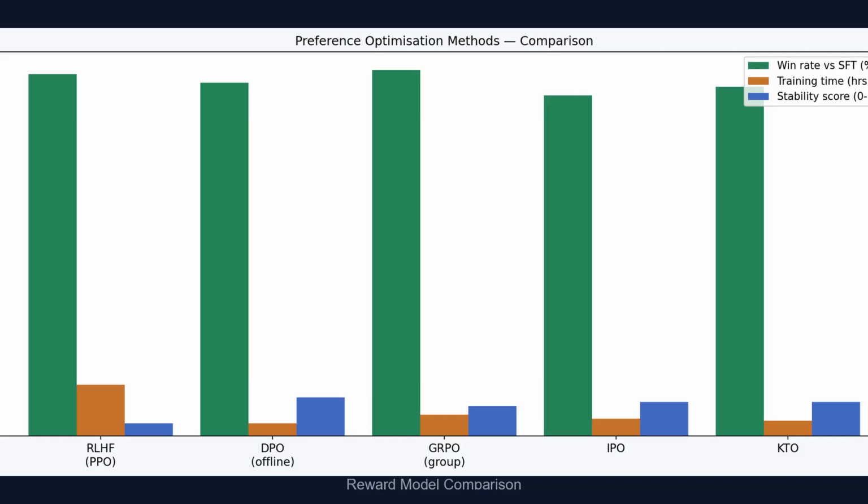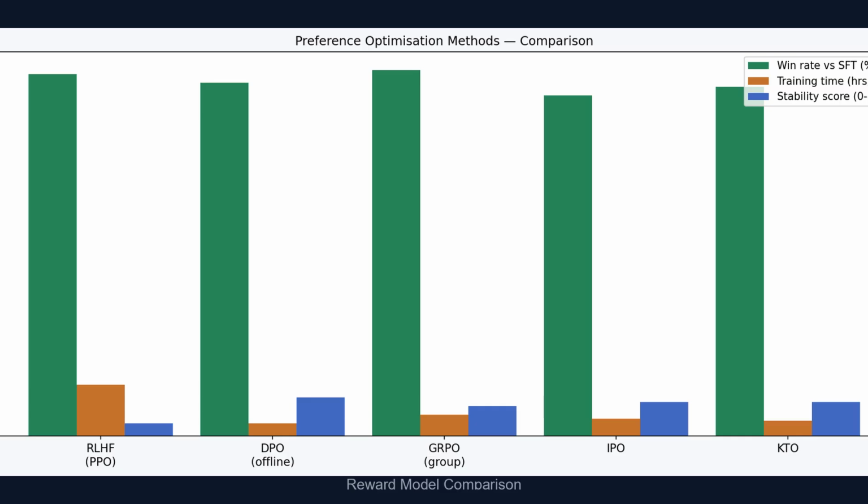This chart compares DPO against several related preference optimization methods: RLHF, GRPO, IPO, and KTO across 3 metrics: win rate against SFT, training time, and stability score. The key pattern to notice is that DPO and RLHF achieve comparable win rates, meaning they produce similar alignment quality, but DPO's training time is substantially lower and its stability score is consistently high.